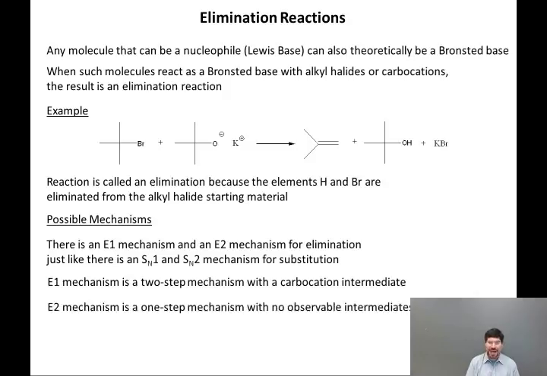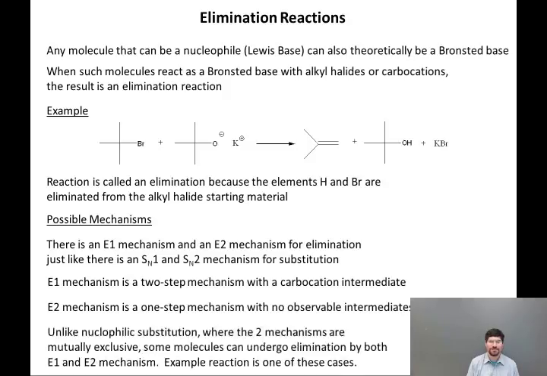The E2 mechanism is a 1-step mechanism with no observable intermediates, just like the SN2 mechanism is a 1-step mechanism with no observable intermediates. However, as I already alluded to briefly in the introduction to this topic, unlike nucleophilic substitution where the two mechanisms are mutually exclusive, some molecules can undergo elimination by both the E1 and E2 mechanisms.